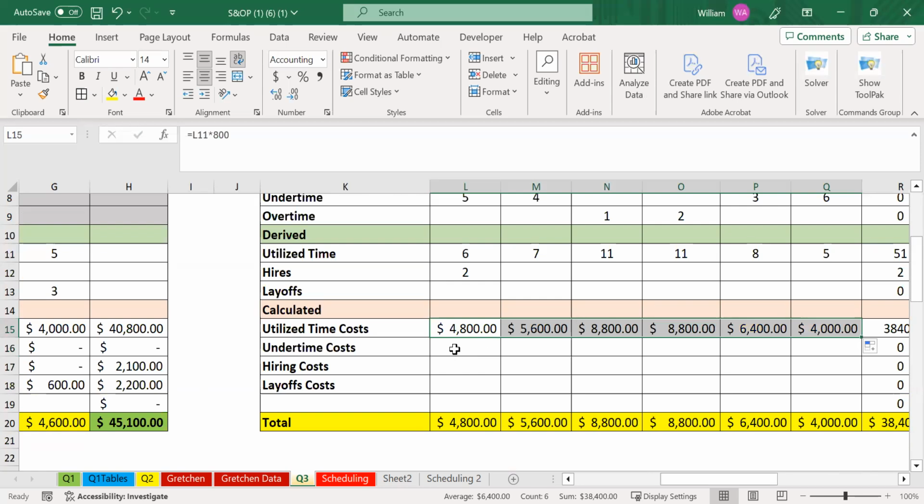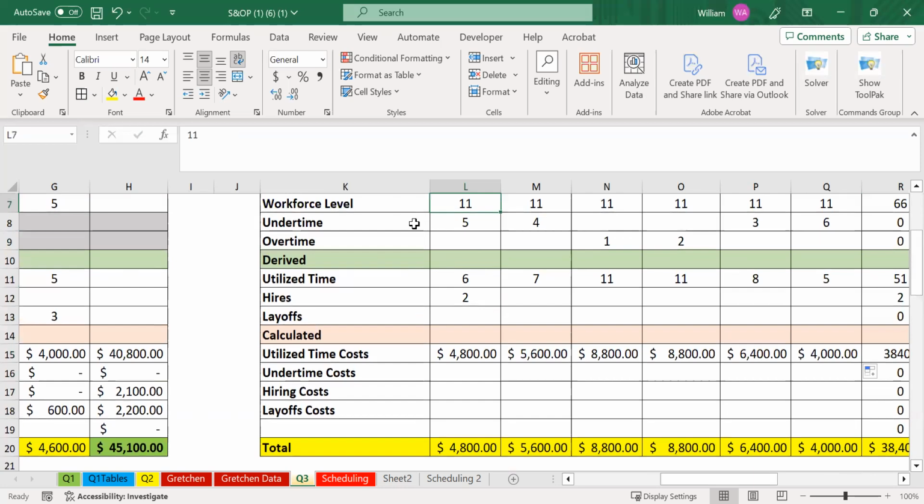Then for our undertime cost, I need to figure out where I calculated undertime. We have undertime up here. There were 5 employees who are underemployed, but we're still paying them the full wage. So this equals your undertime multiplied by the regular wage of 800. If they show up for work, they get paid.